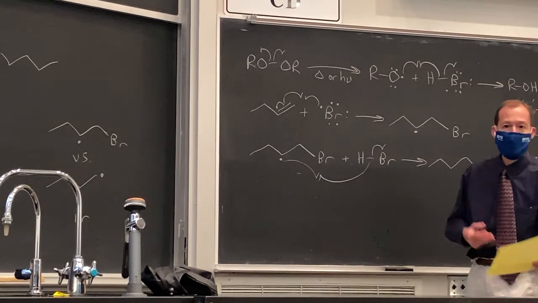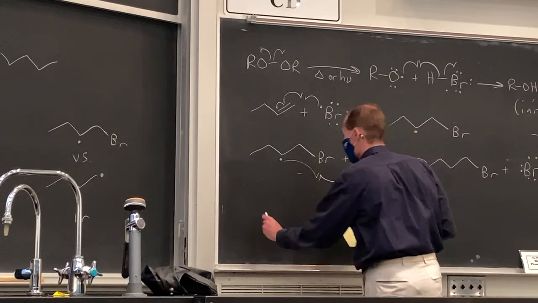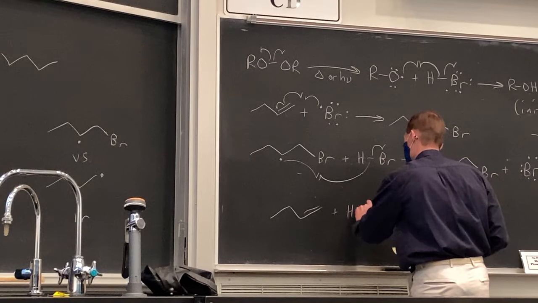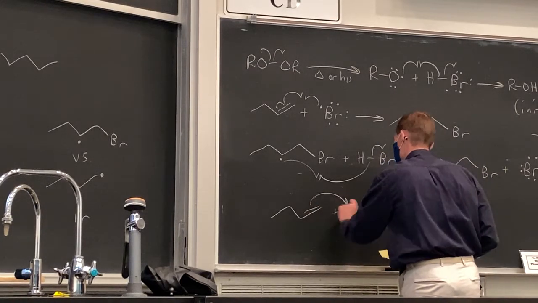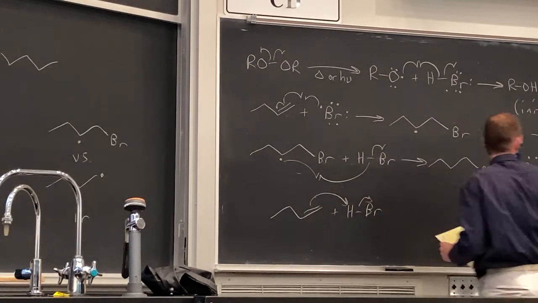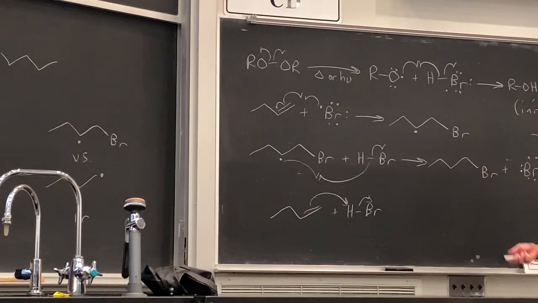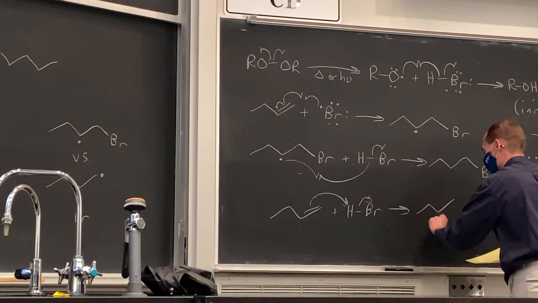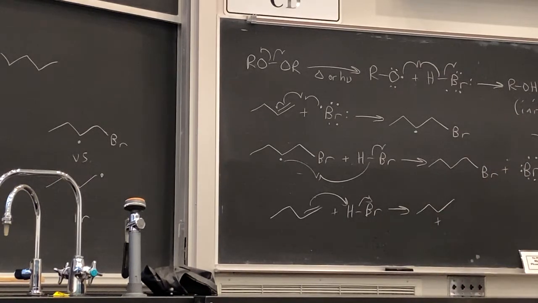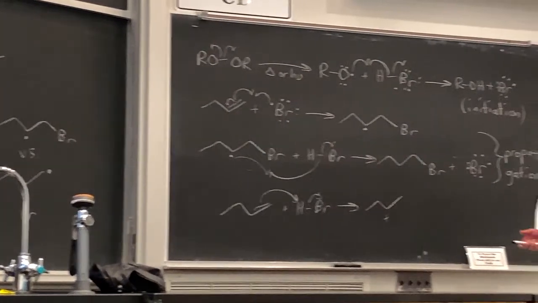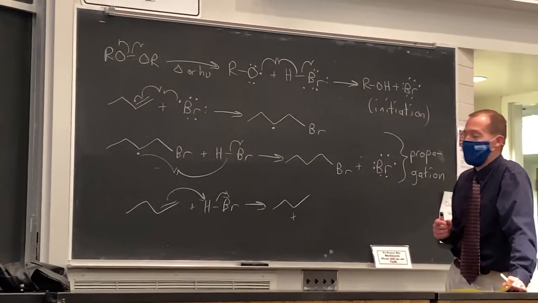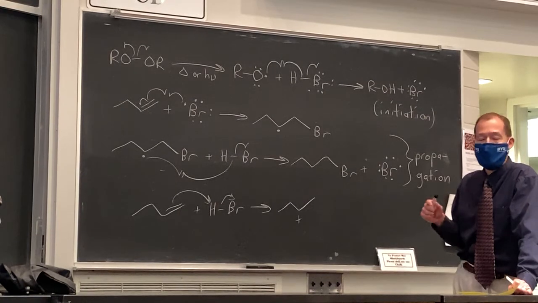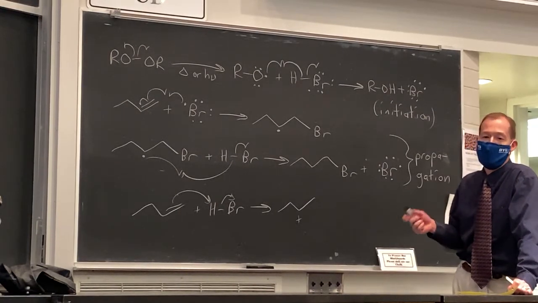If you remember what happens in the non-radical addition of HBr, we protonate our alkene. And we protonate at carbon 1 to generate the more stable carbocation, okay? So in both cases, radical and non-radical addition to alkenes, we are forming the more stable, the more substituted radical or carbocation.